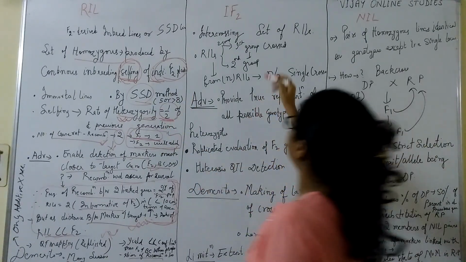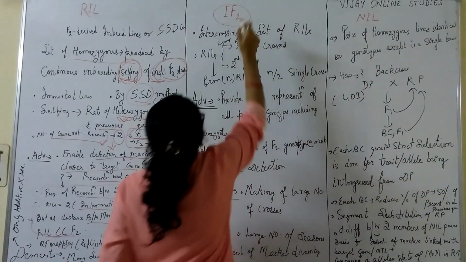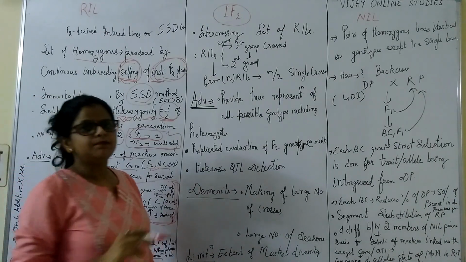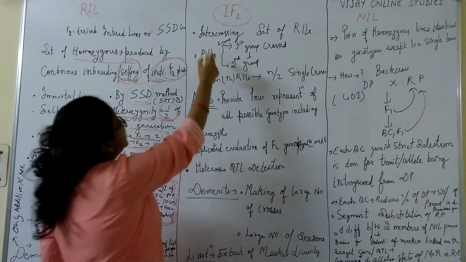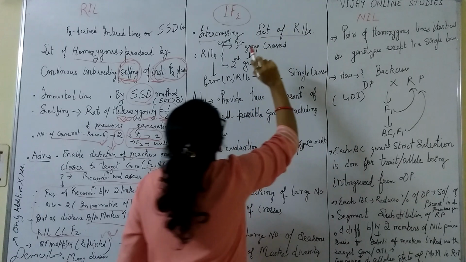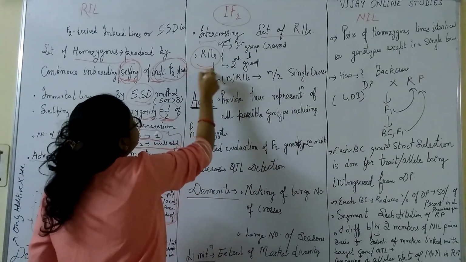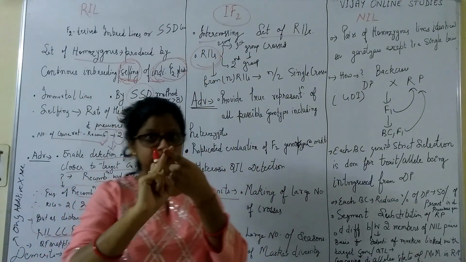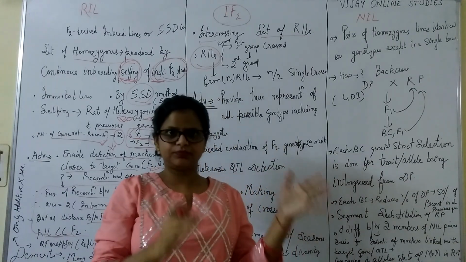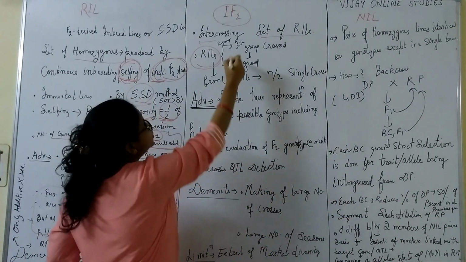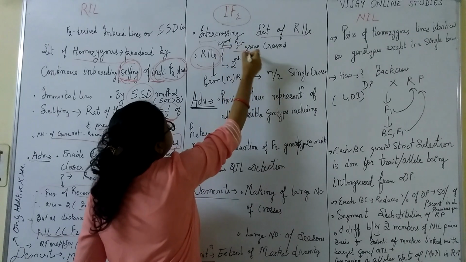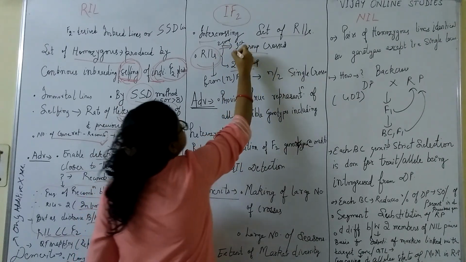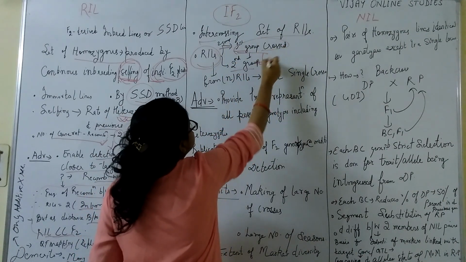Now we will study immortalized F2 lines. Immortalized F2 lines are an intercrossed set of RILs. The RIL population is divided into two groups, a first group and a second group. The first group is crossed with the second group.